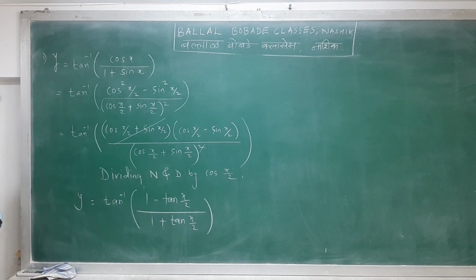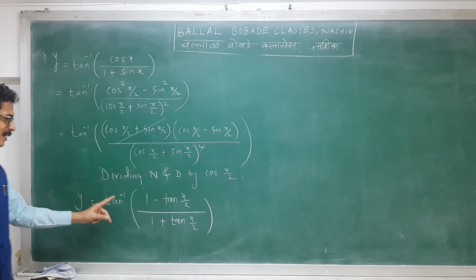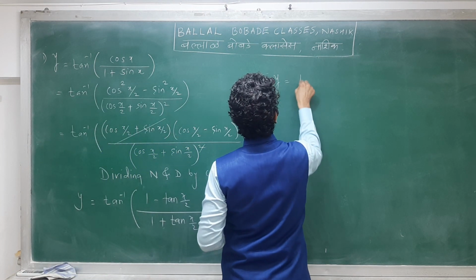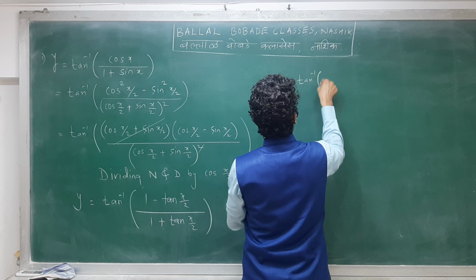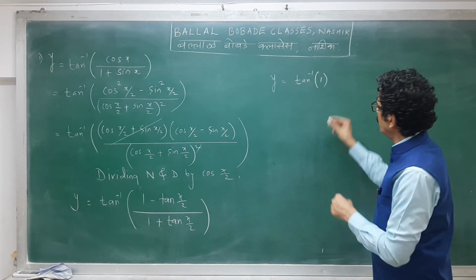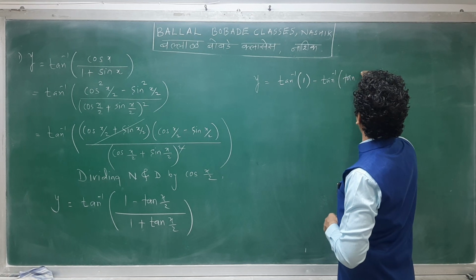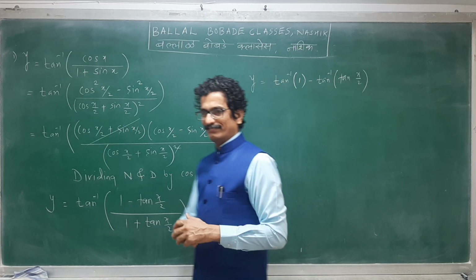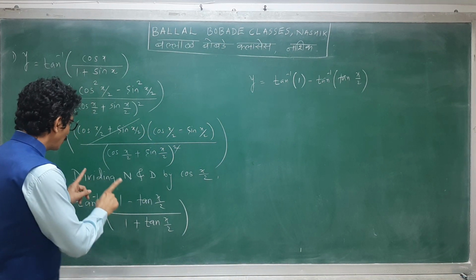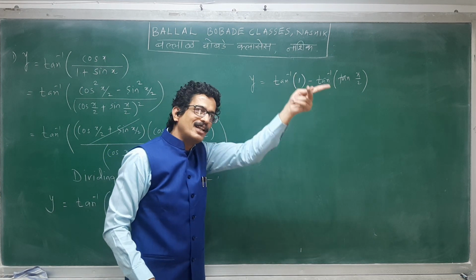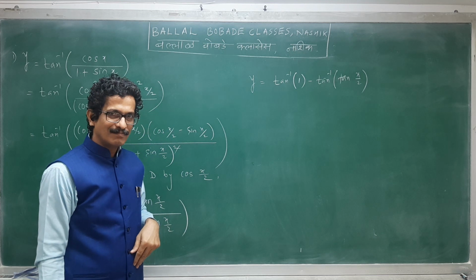This is your expression. There are trigonometric inverse formulae from which we can write y equal to tan inverse of 1 minus tan inverse of tan of x by 2. Have a look. Is it not? Now this is converted to this using the trigonometric inverse formula for tan inverse.